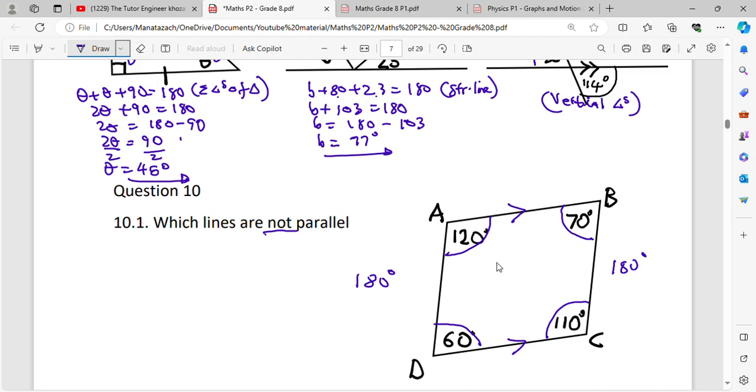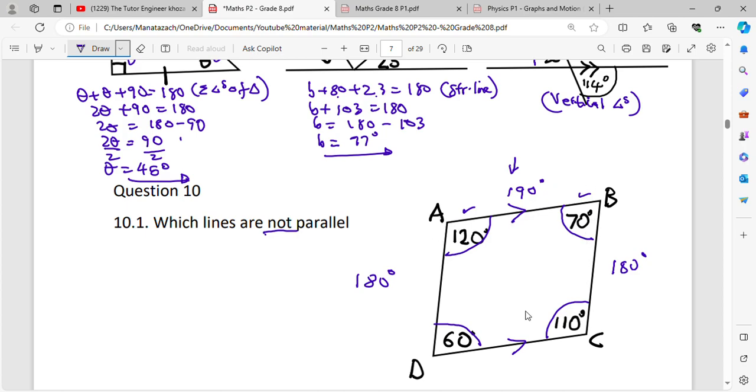However, when you're looking in this direction, you'll find that 120 and 70 degrees will give you 190 degrees, right? They don't give you 180, which means AD is not parallel to BC.